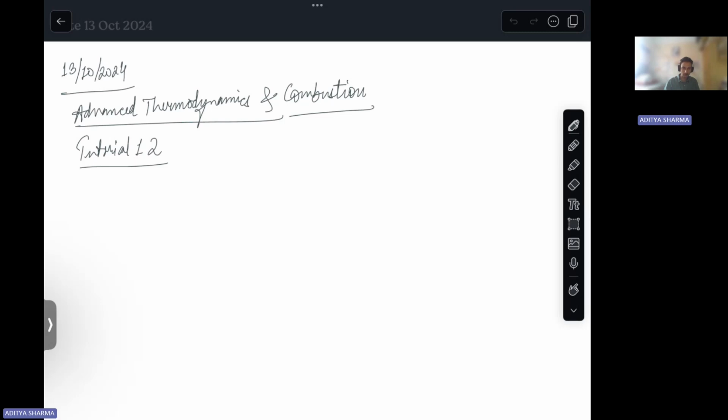Here first is your evaporation rate. There are two formulas in this topic. Evaporation rate is given by this formula.